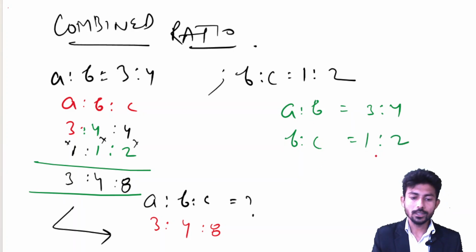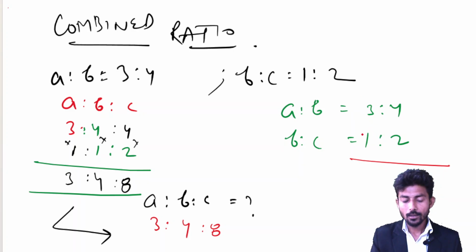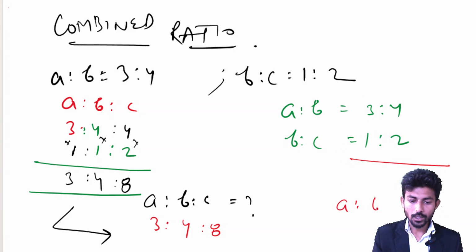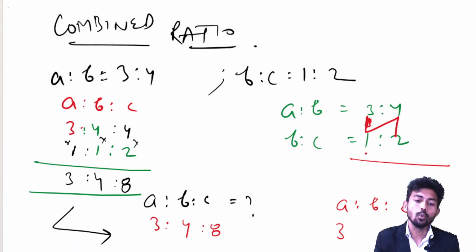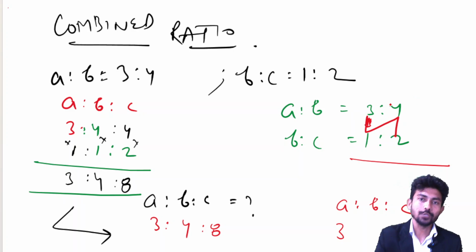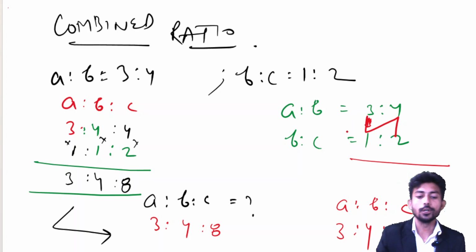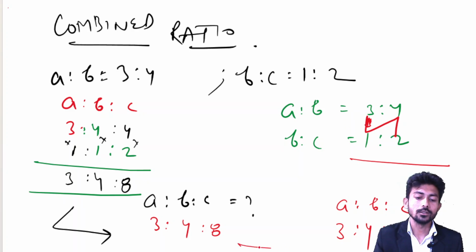See, the reverse N method works like this. For the first, A, I will be multiplying vertically, 3 into 1 is 3. For B, I will be multiplying this way, diagonally, 1 into 4, that will be 4. For C, again I will be multiplying vertically, 4 into 2, 8. So this is my answer.